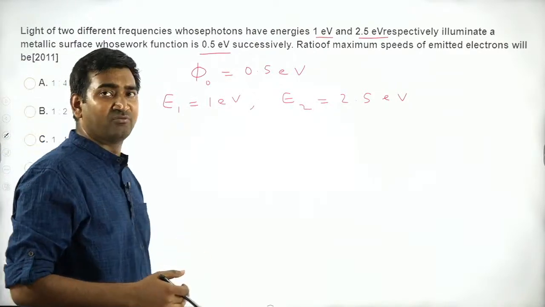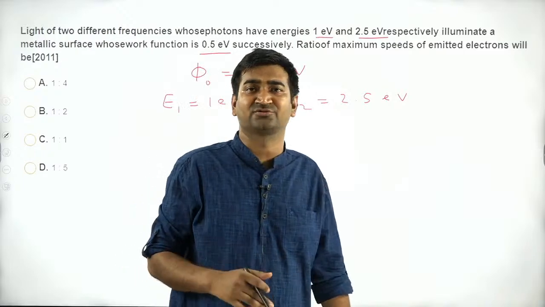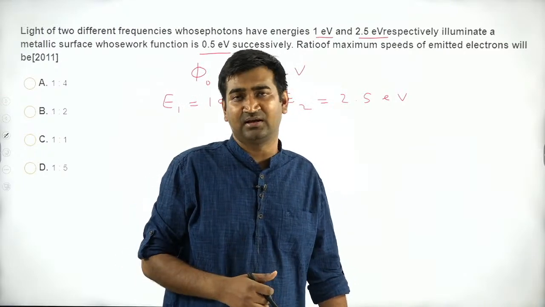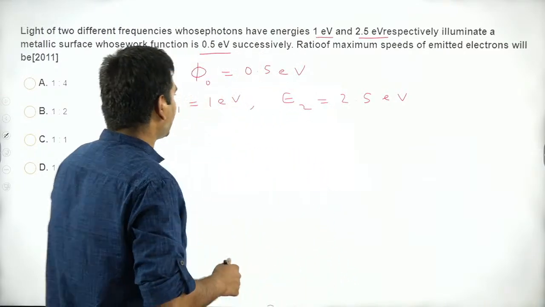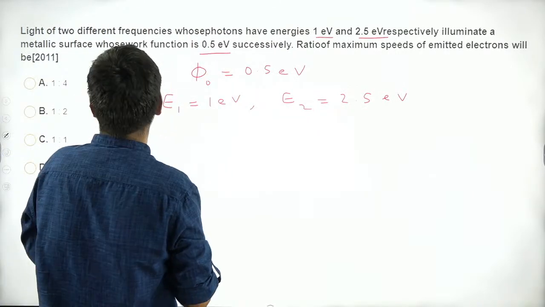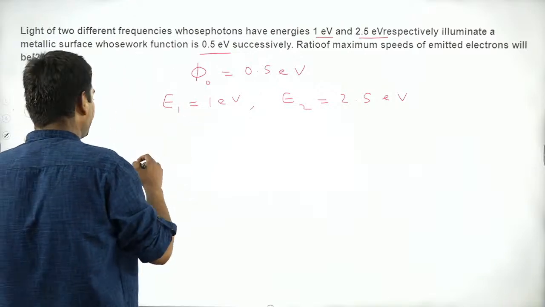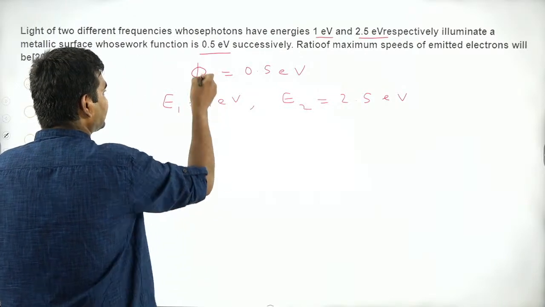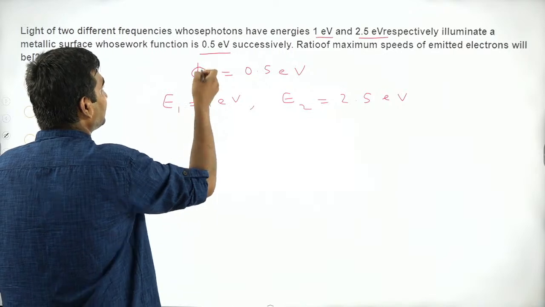Again it is talking about V max, similar to the question what we have solved in the previous question just before. So it is like a ratio of the maximum speed of emitted electrons. So again we will be doing the same procedure, like first we will form the equation with respect to the first condition.